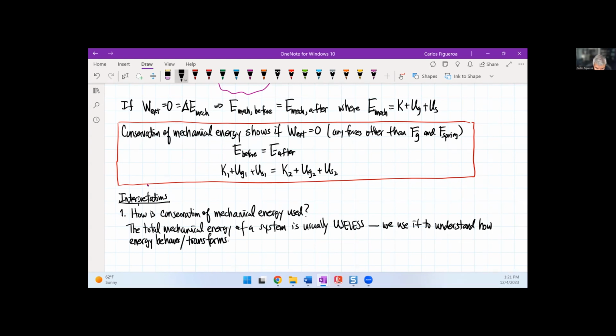In other words, it's an extremely useful bookkeeping system of energy. Otherwise, I think bookkeeping has 2 Ks.